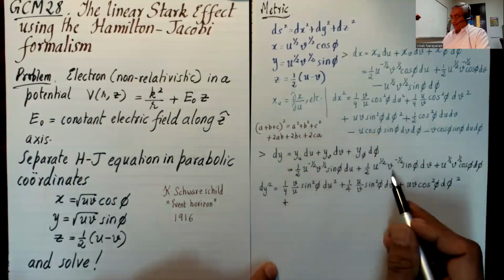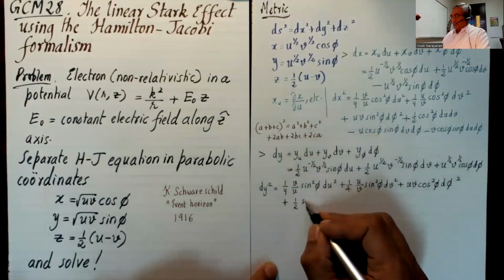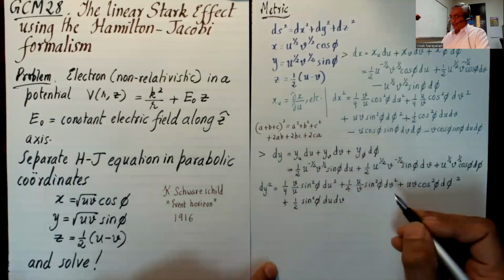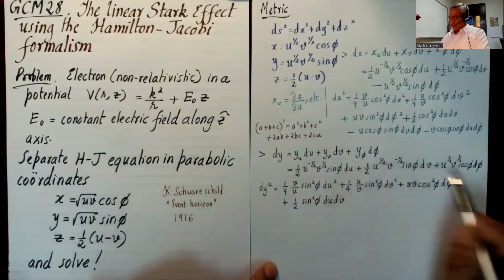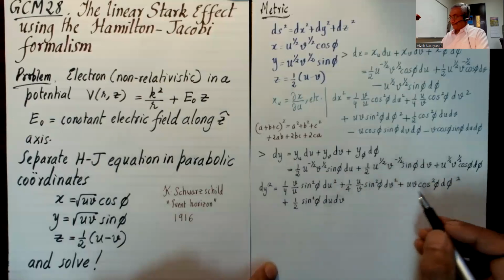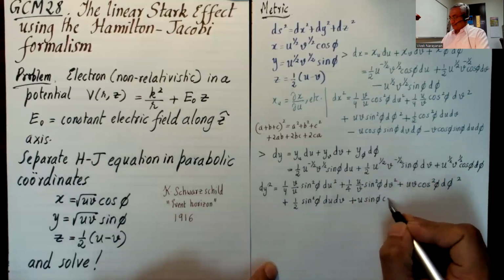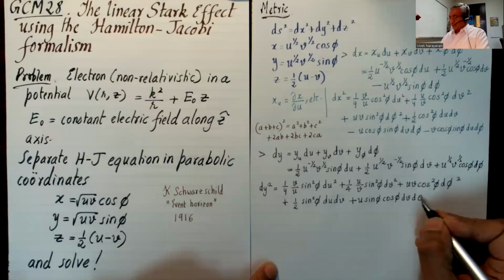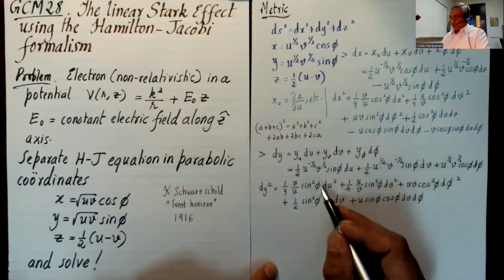I lose my u and I lose my v this time. So the first cross term is just going to be half sine squared phi du dv. And then the next cross term will be this and this. So I lose my v. And then lastly, when I multiply this with that, I lose my u.